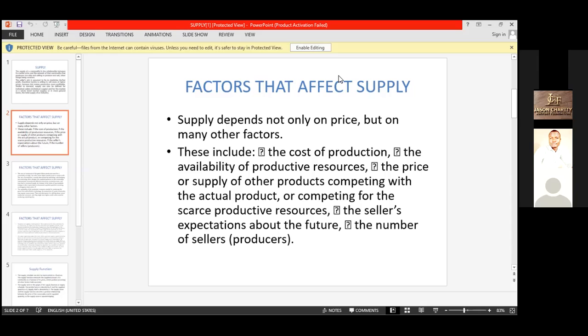That's the ability to produce, or you might invest it for the long run.